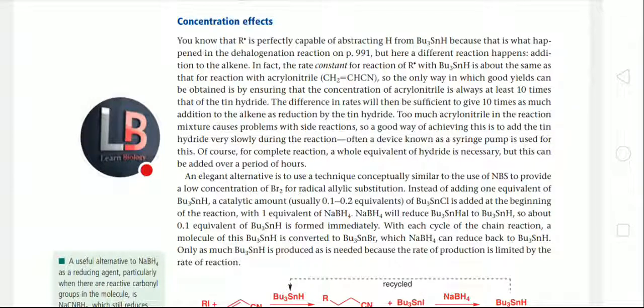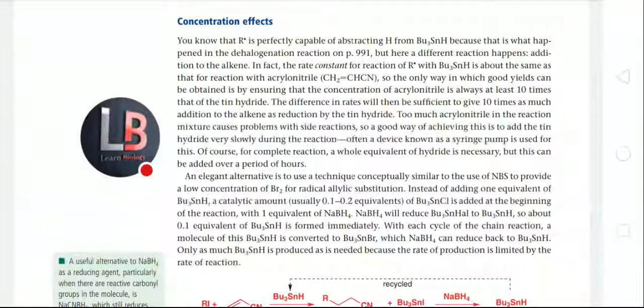Instead of adding one equivalent of Bu3SnH, a catalytic amount of Bu3SnCl is added at the beginning of the reaction with one equivalent of NaBH4. NaBH4 will reduce Bu3SnCl to Bu3SnH. So about 0.1 equivalent of Bu3SnH is formed immediately.